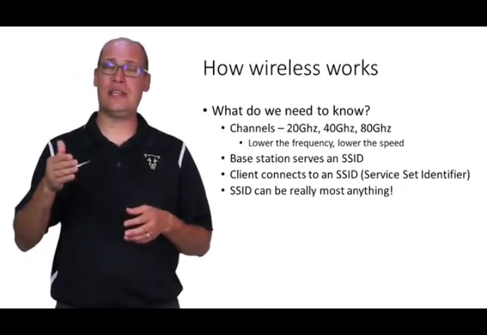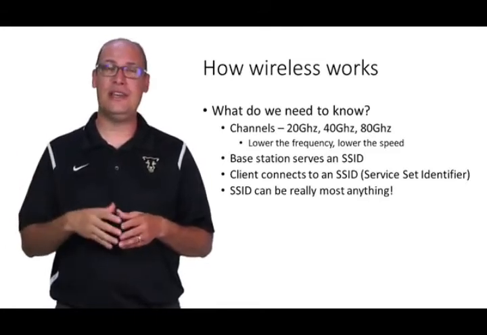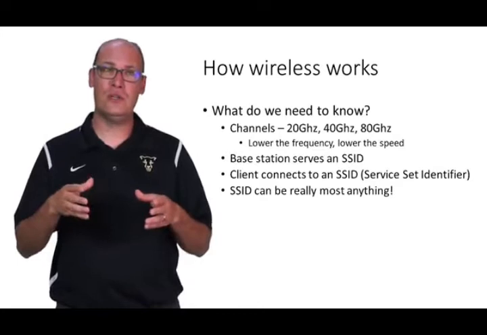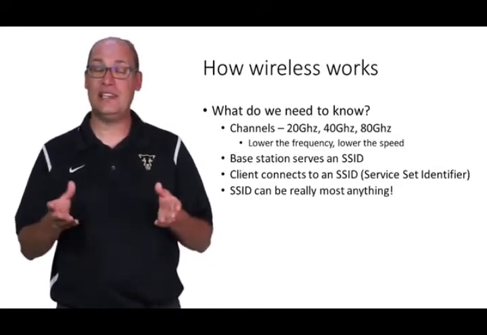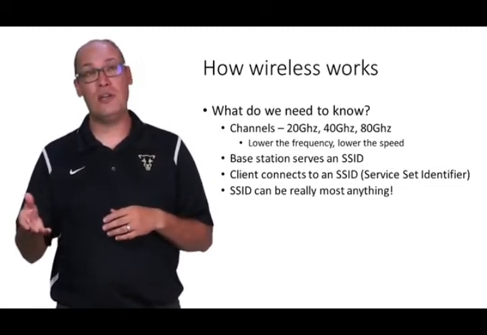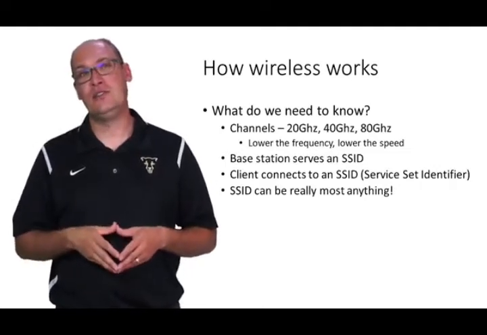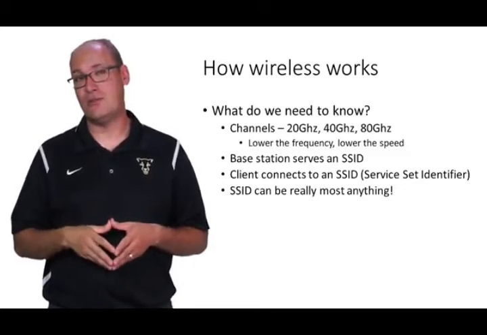So when a client connects to UCCS-wireless, they are connecting to the SSID, which is short for Service Set Identifier. An SSID can be almost anything. So if I were an attacker, I could actually change my SSID to become UCCS-wireless, for example.